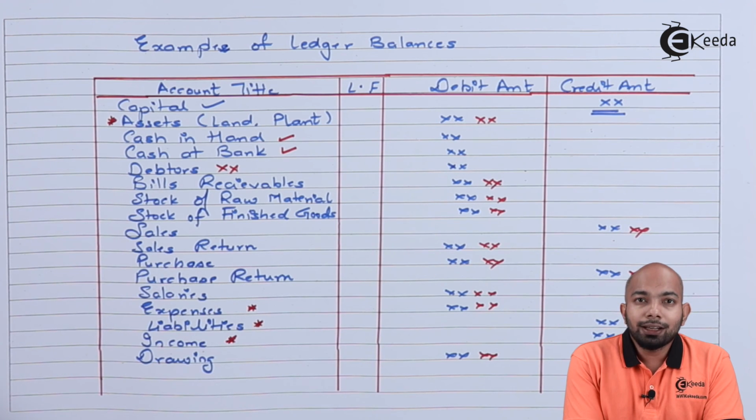Do make sure that the trial balance preparation is error free, and all the errors which could have been identified in the first instance are cleared out, and then an error-free trial balance is prepared. The most important thing when it comes to preparation of a trial balance is that the total of the debit side and the credit side should always tally.